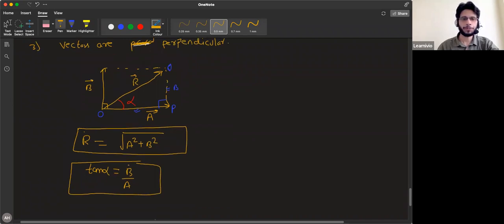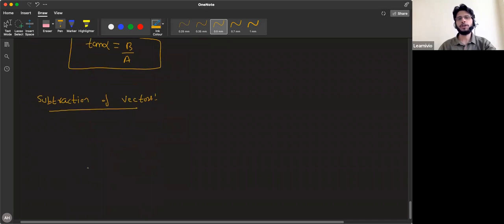Okay. When you're subtracting two vectors, if this is vector A, this is vector B, and this is angle theta, you're supposed to calculate vector R, which is vector A minus vector B.